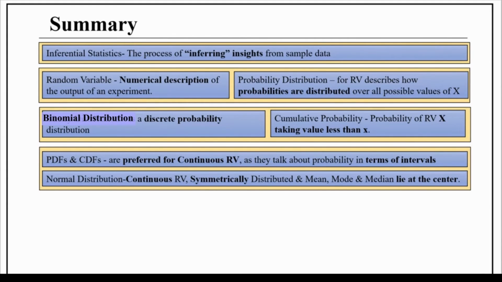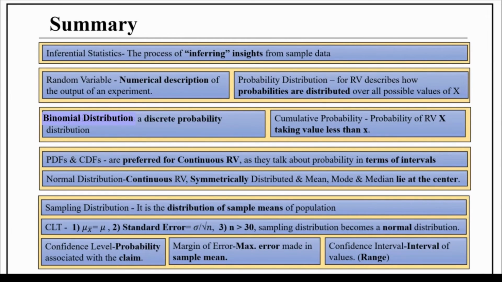Then normal distribution, which is continuous random variable is symmetrically distributed and its mean, median and mode lie at the center. And the last one is sampling distribution and CLT. Sampling distribution is the distribution of sample means of population. Then CLT, and it has 3 properties. The first one is sampling distribution mean is equal to population mean.